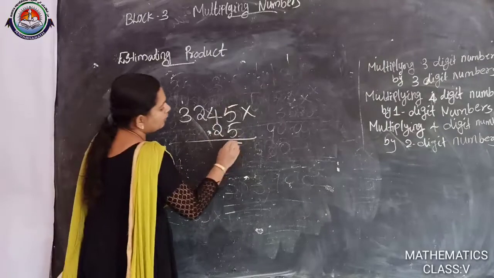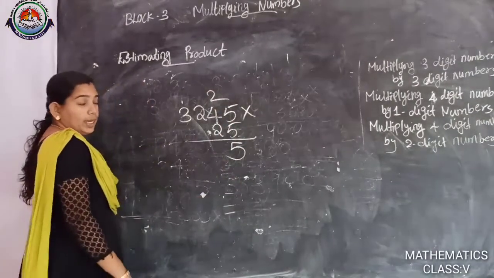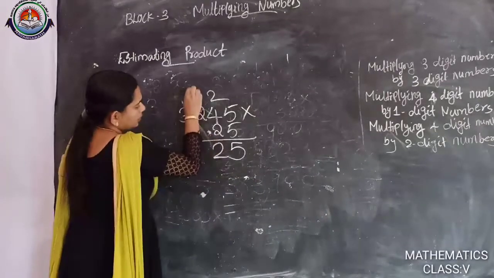5 into 5, 25. 2 carry. 5 into 4, 20. 20 plus 2, 22.